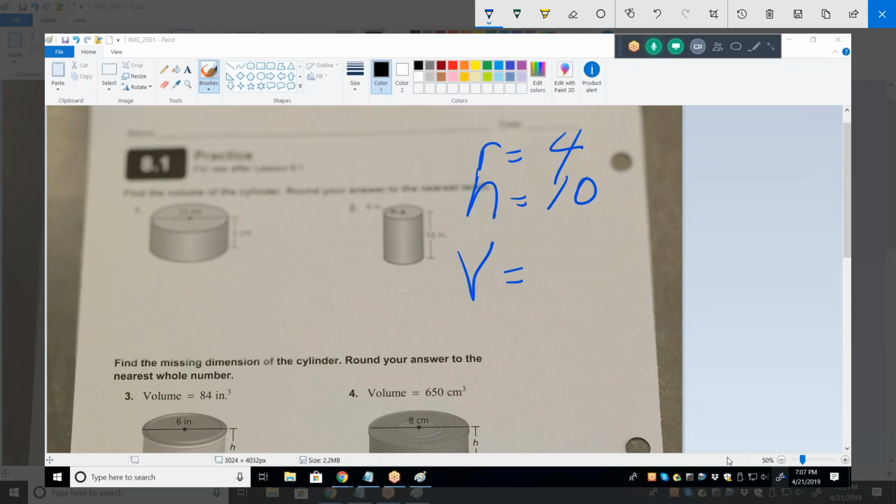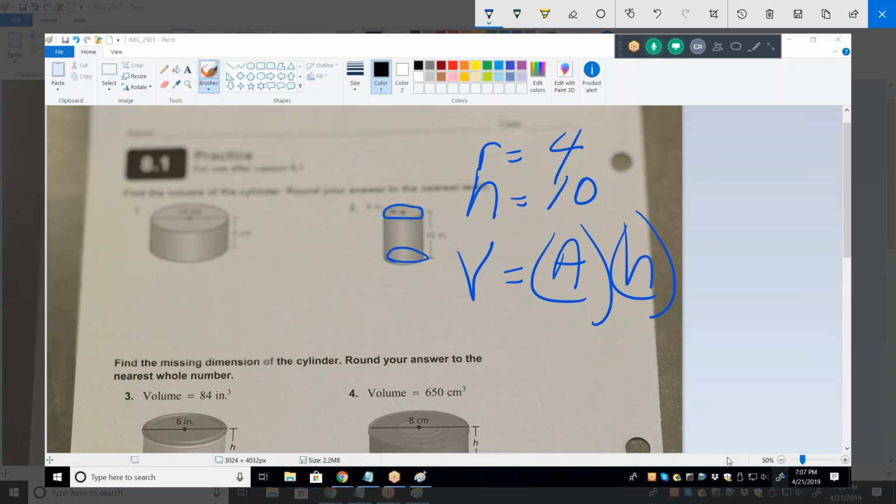Actually, let me give you an easier way to remember it. Whenever you're dealing with a prism, notice that that's the same as that circle, just like in the first one. So the volume is the area of the circle times the height. All prisms are like that.